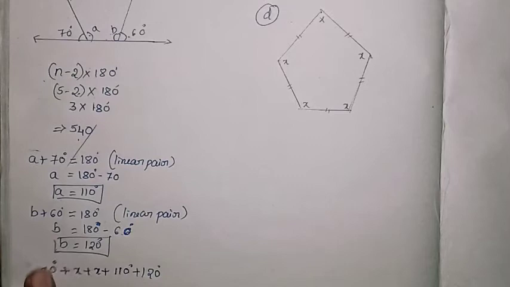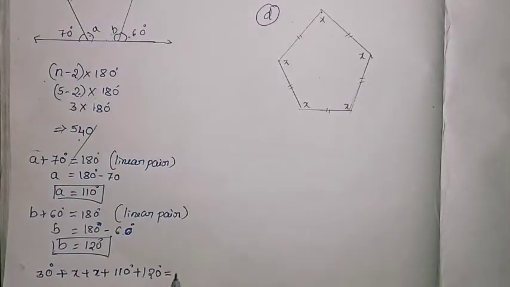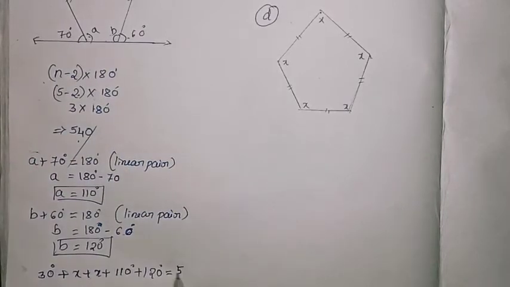All angles over 1 2 3 4 5, equal to 540 degrees.